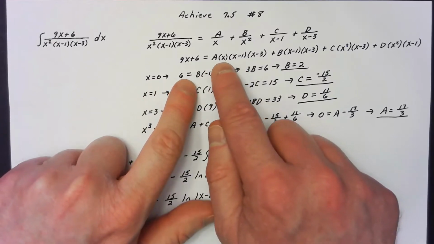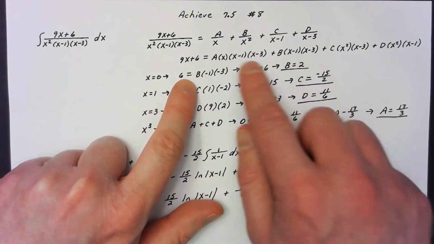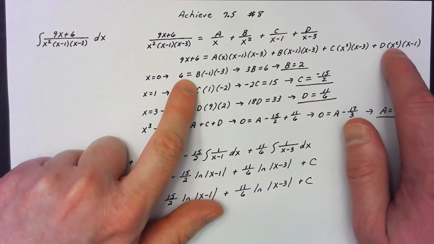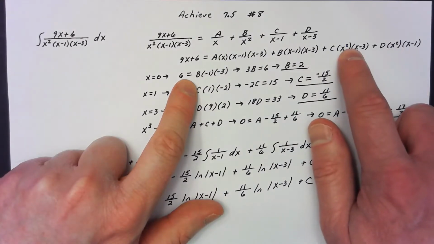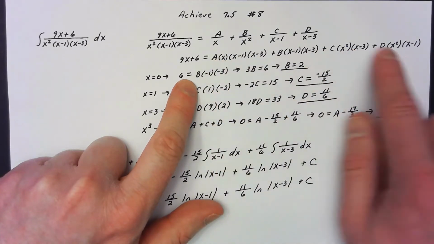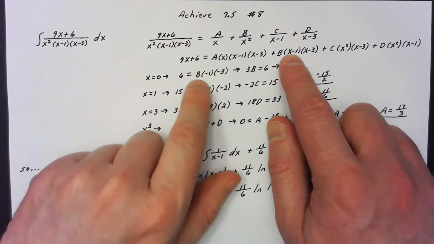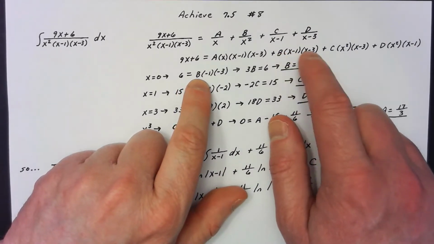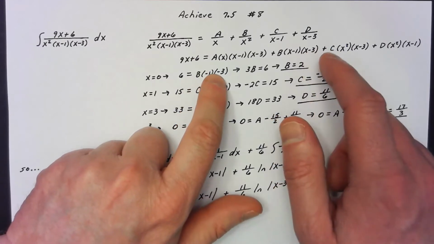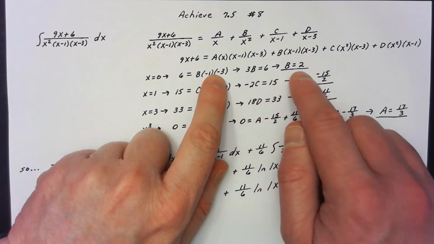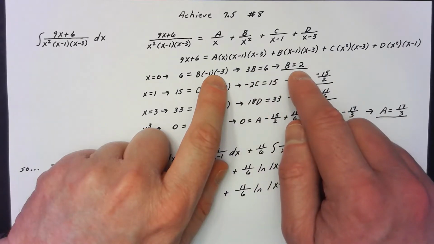On your right, anything that still has a factor of x in it is going to be canceled out and just become a 0. So anything times 0 is 0, so the first, third, and fourth term all become 0. The only term not becoming 0 is the B. The B is going to be multiplied by negative 1 times negative 3 when x is 0. So B is going to be multiplied by a positive 3. So 3B is equal to 6, thus B is equal to 2.